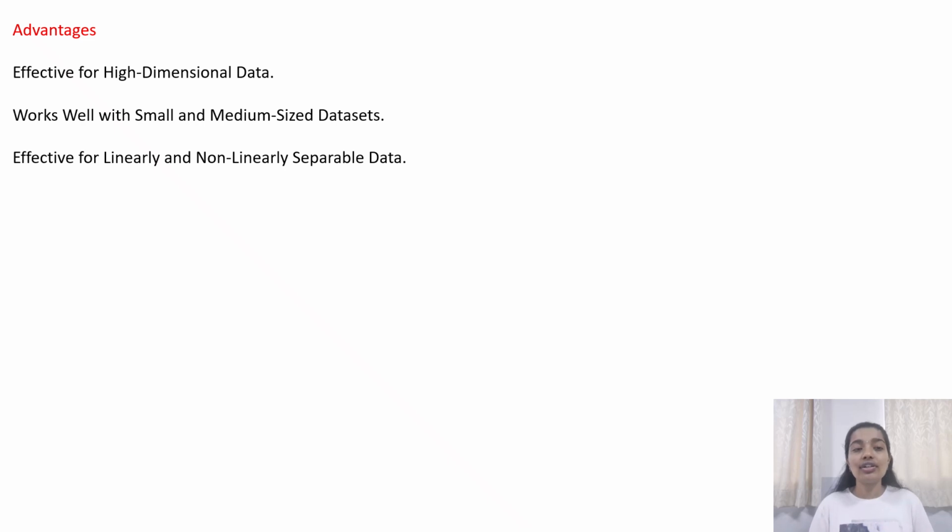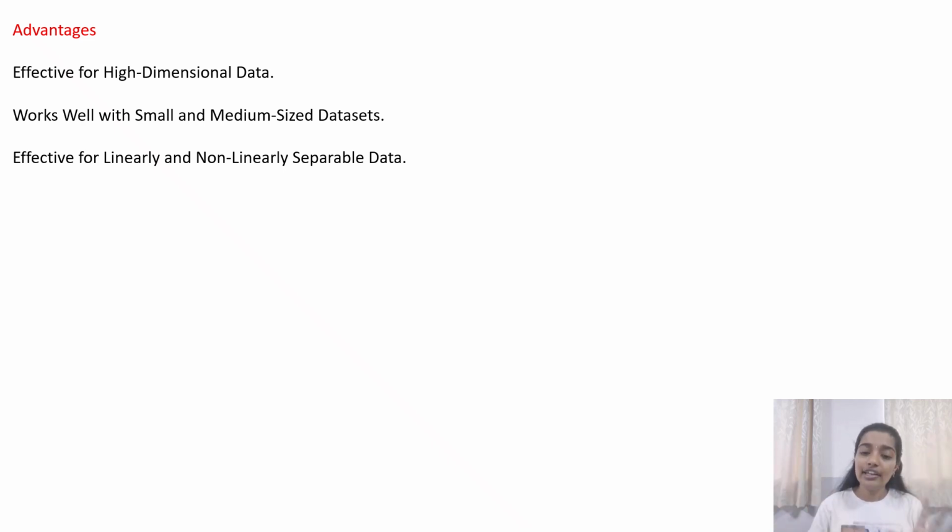Then we have the advantages of SVM. When we have high dimensional data, that means multiple features, we can go for SVM. As I said, when we have small or medium sized data sets, we can efficiently use support vector machines. And real life data is not always linearly separable, or mostly it is not linearly separable.